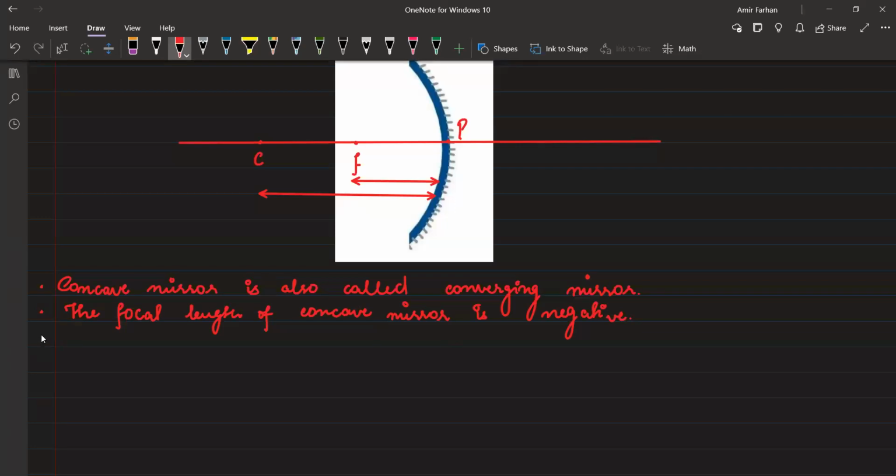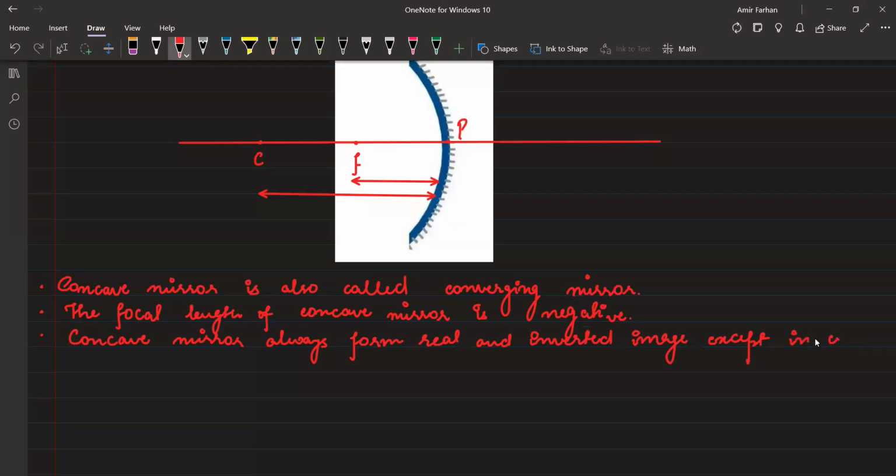Next is the concave mirror always forms real and inverted images, except in one case.